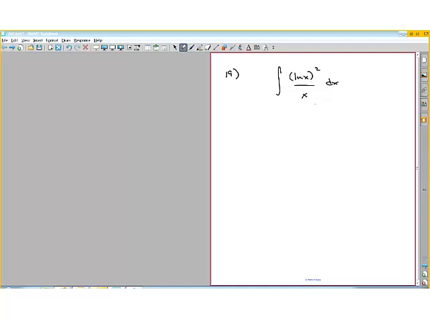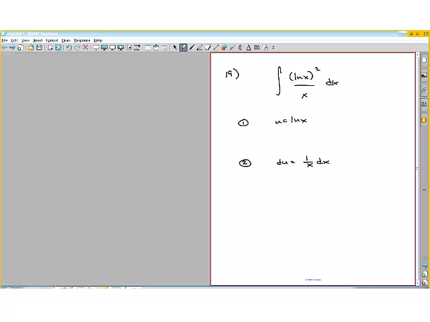So this is actually a u substitution, but we're going to use the derivative of the natural log is 1 over x. So instead of u being x, we're going to let u equal the natural log of x. So when we calculate du, we will get 1 over x times dx. So the derivative of the natural log is 1 over x dx.